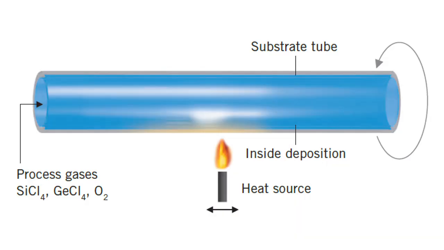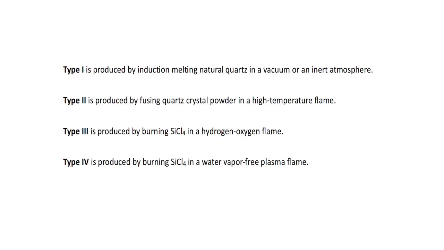Fused quartz is typically produced by flame fusing or melting high purity silica sand and contains quartz crystals. There are four types of commercial silica glasses. Type 1 is produced by induction melting natural quartz in a vacuum or in an inert atmosphere.